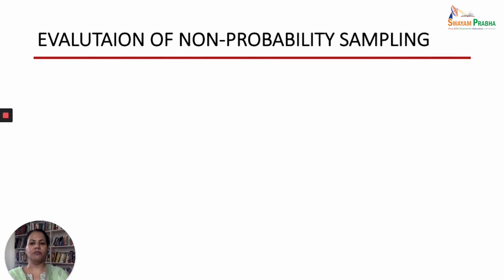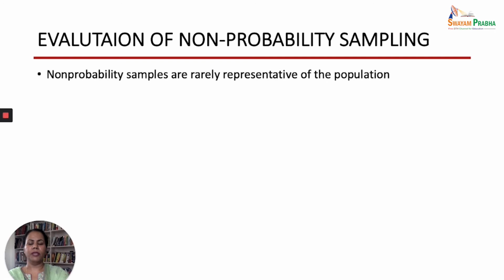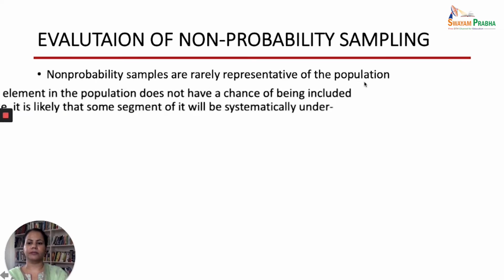Now, if we need to evaluate non-probability sampling, non-probability samples are rarely representative of the population. Because we are not selecting the subjects randomly, the representation of the population is always low. So the samples which we select may be over-representing some segments or under-representing some segments of the population.